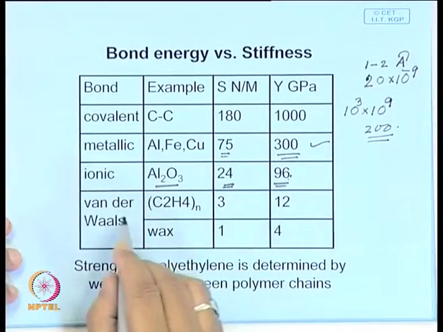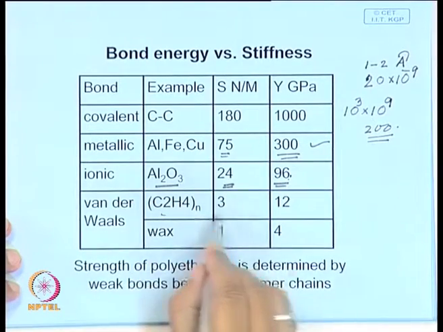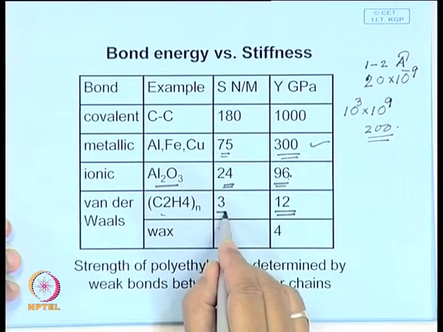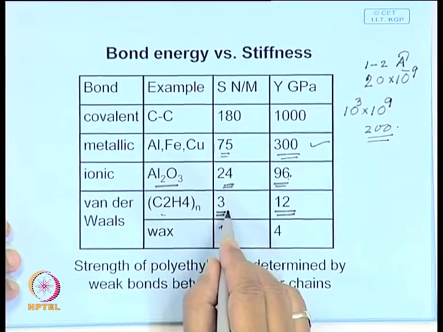Now, if you look at the bond in polymers, this is the Young's modulus and this is the stiffness. Here the stiffness is very low.